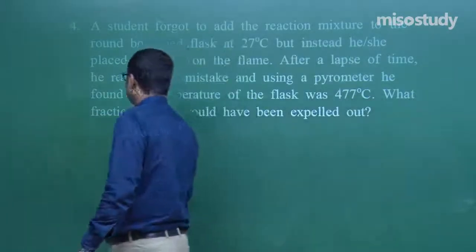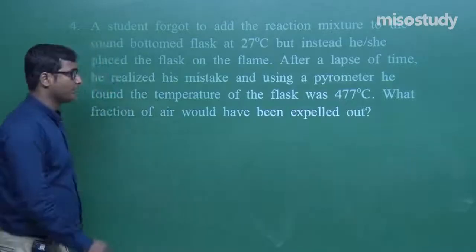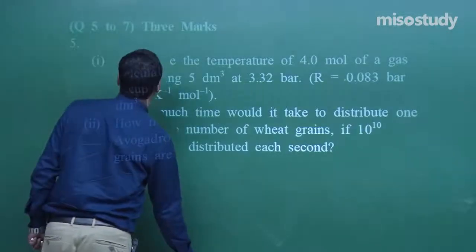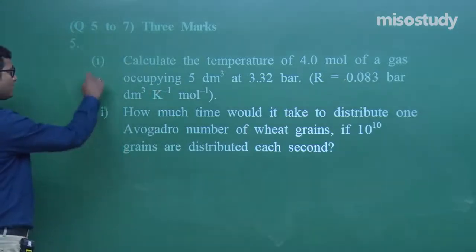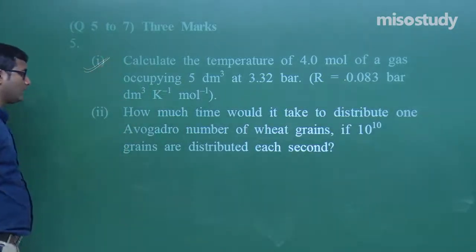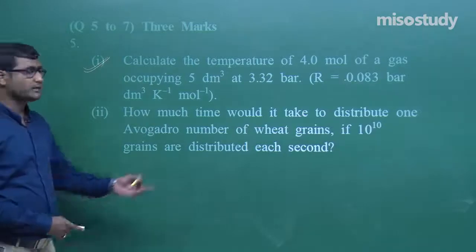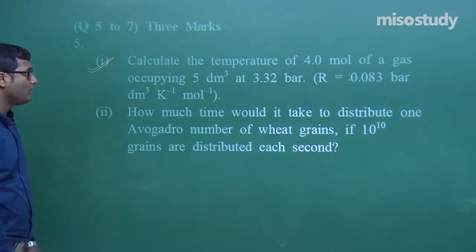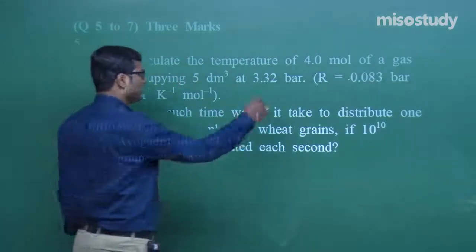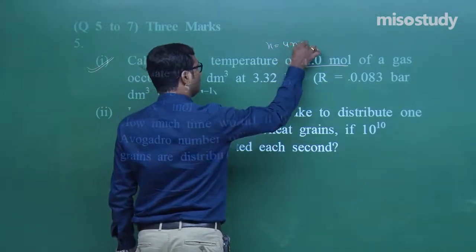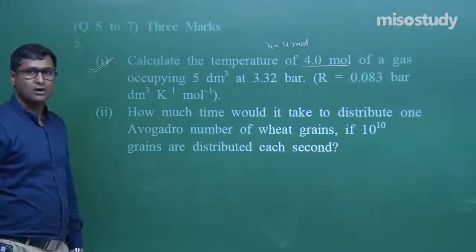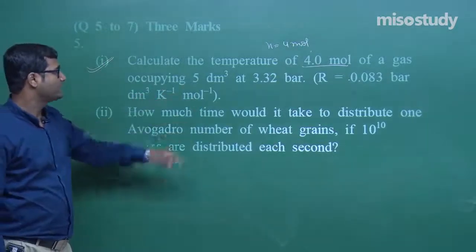So let's move to the next question. Now read the question. This contains 3 marks, 2 parts. Clear? First of all, we are going to solve the first part. What is given here? Calculate the temperature of 4 mole of a gas. That is, n is given as 4 mole of a gas occupying 5 decimeter cube.